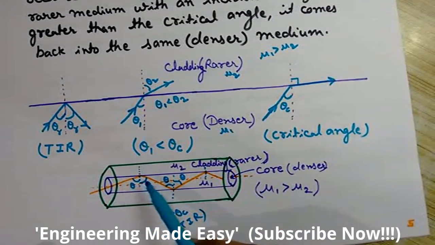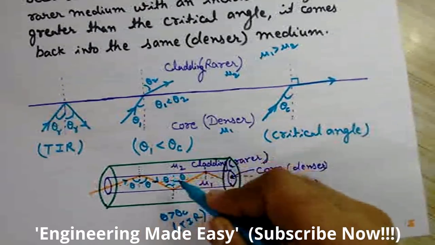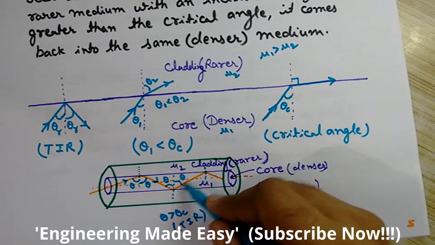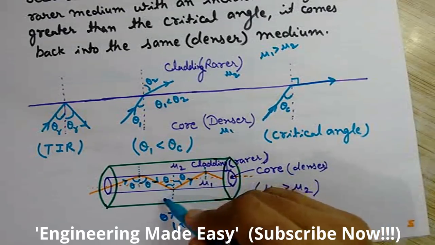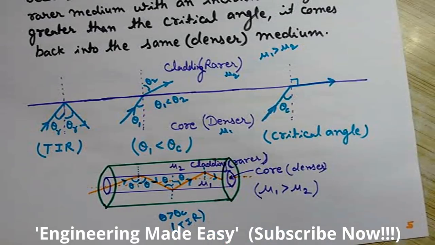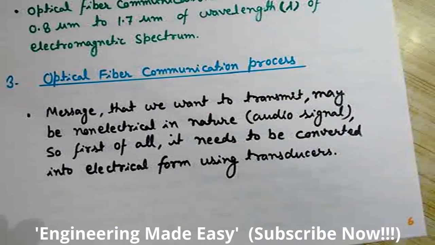So it moves into the same medium, it goes in this direction and moves into this medium. Again at this interface the same phenomenon happens. It keeps on moving in this way with total internal reflection, TIR. I think you got the concept.